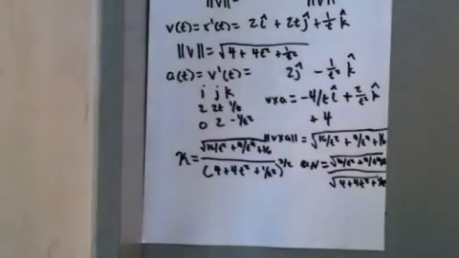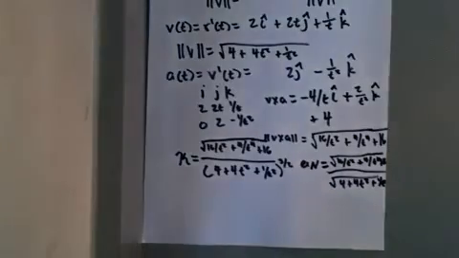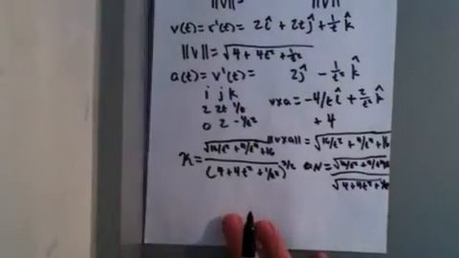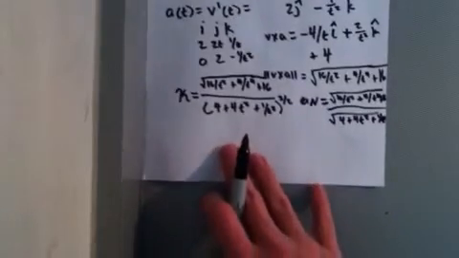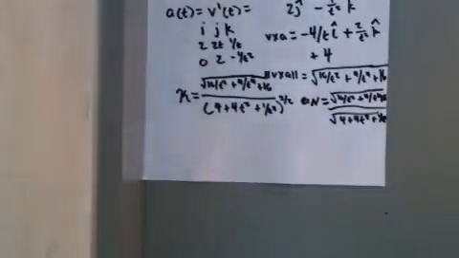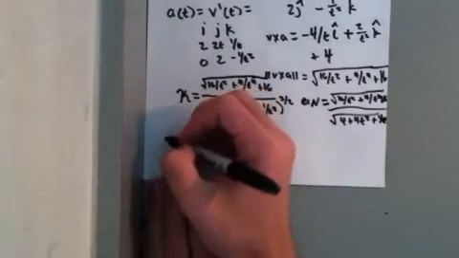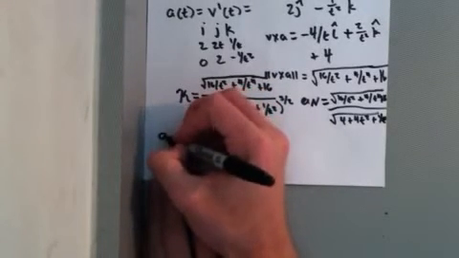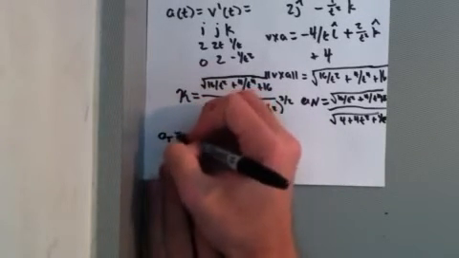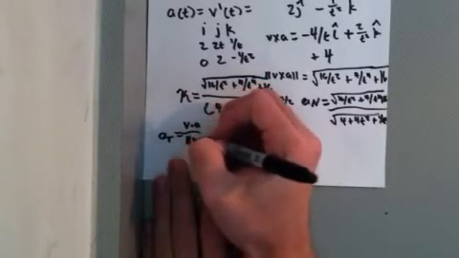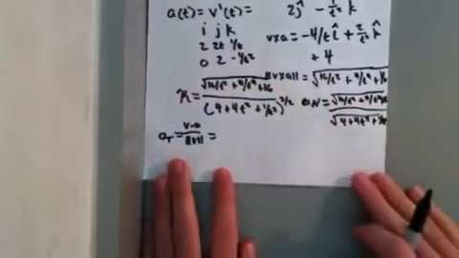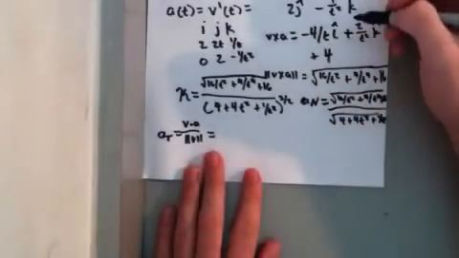Alright, lastly, all we need to find is our tangential component of a. So let's use this formula. a_T is equal to v dot a over the magnitude of v. What's v dot a? So we have v here, a here.